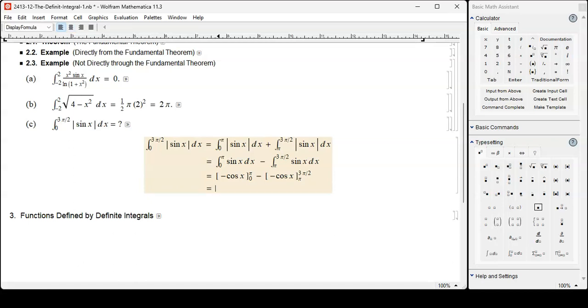Let's see. Plug in pi. Cosine of pi is -1, so negative of -1 is positive. And then minus cosine of 0, which is 1, so -1, negative of negative, so we have positive. And then cosine of 3 pi over 2 is 0.